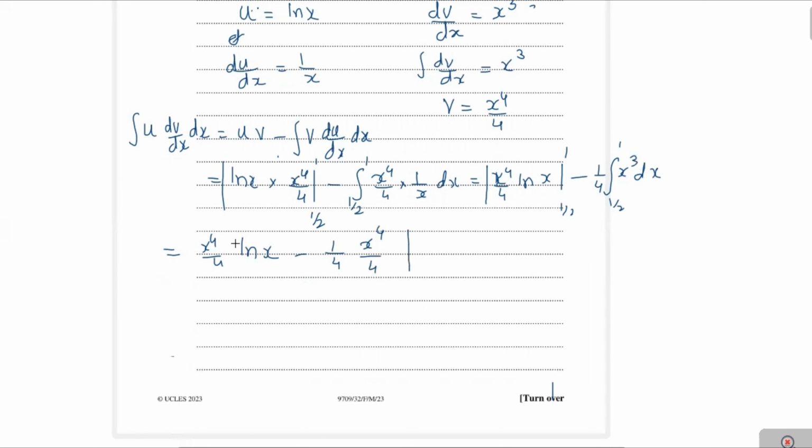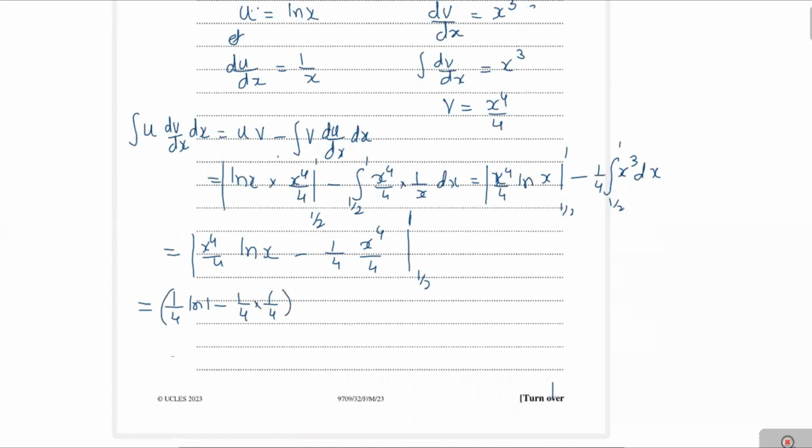Now we apply the limits as a whole, 1 over 2 to 1. Now put the limits in this expression after integration. Firstly we put 1, that value equals 1 over 4 into ln 1 minus 1 over 4 into 1 over 4.